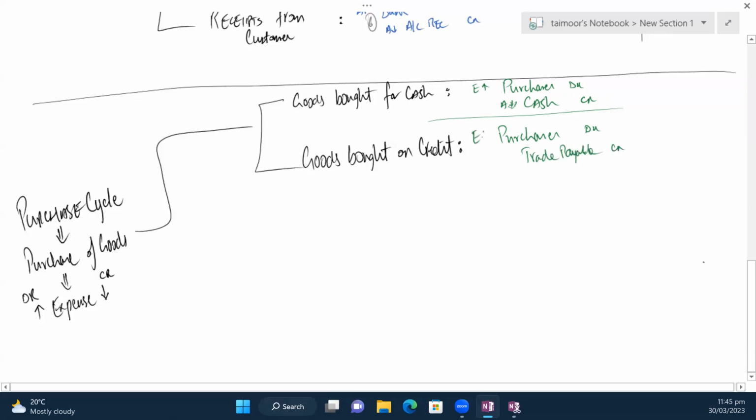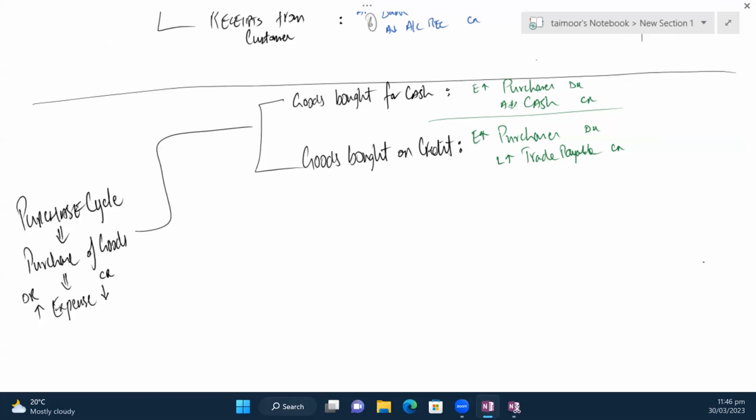That is going to be expense increase and liability increase. All right. So this is what happens when you buy goods on credit. And this is what happens like if you buy it on cash, you're paying cash instantly, end of the story. Okay, you don't need to ask the name of the person who's buying, the information of the person whom you're buying it from.